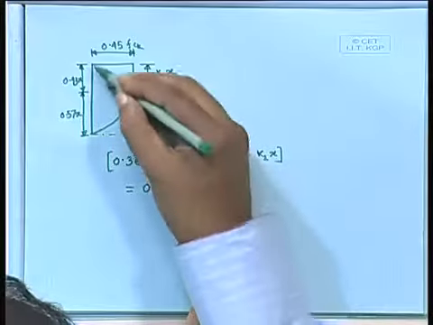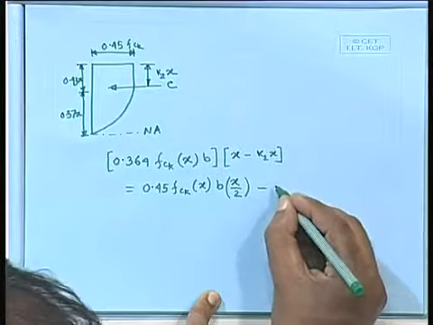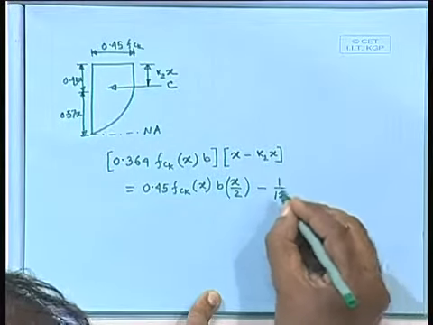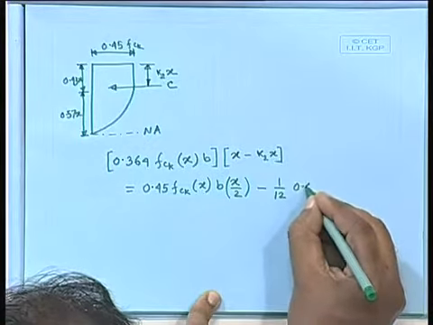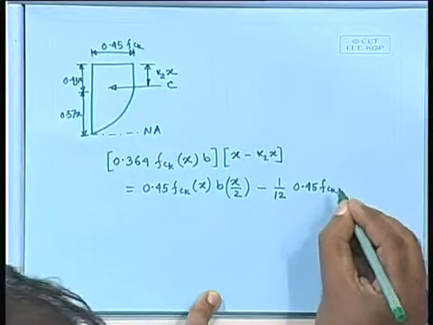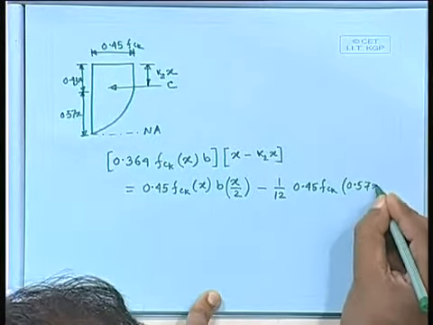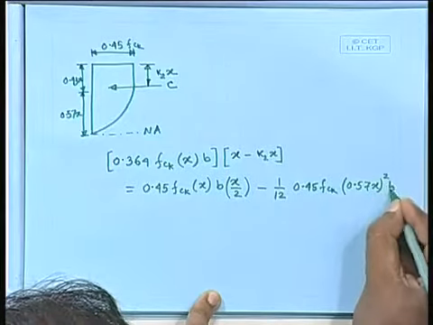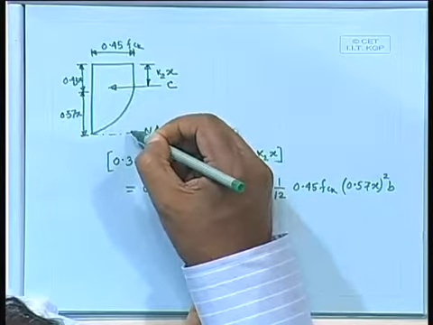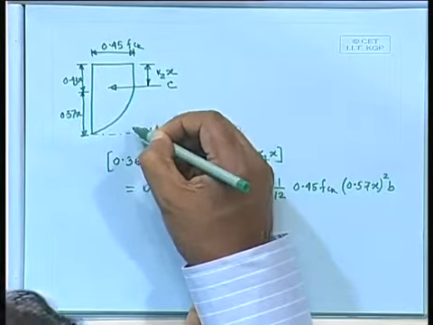So, we are getting that total rectangle minus 1/12 x whole square b. If we take that area, so we are taking out this parabolic portion, area times that CG.